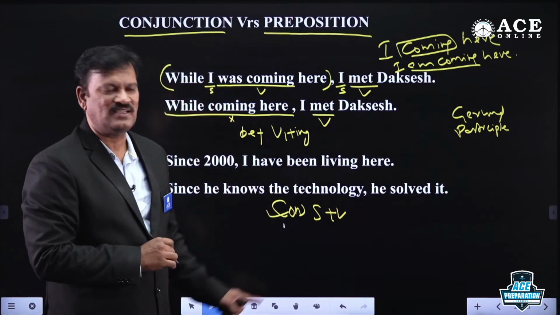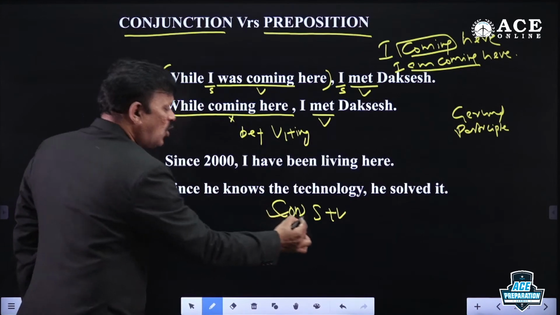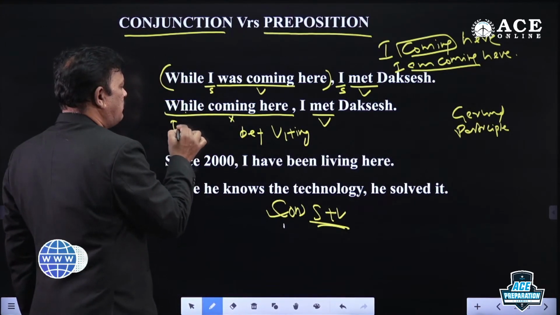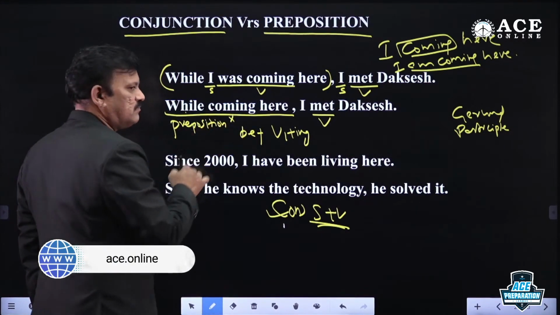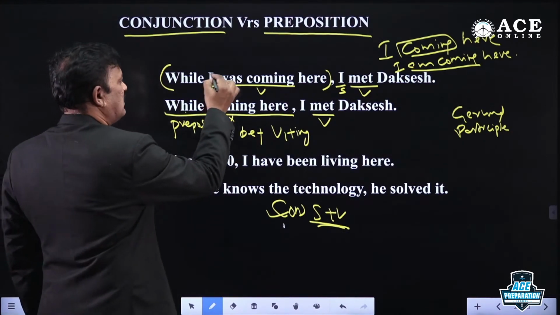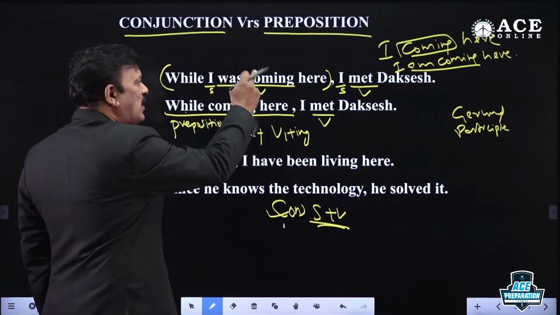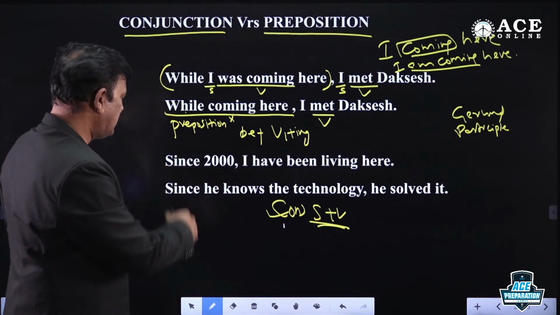Then only this is a conjunction. If that particular conjunction has no such form in a sentence, that is a preposition. I repeat, a conjunction is a conjunction if you have a subject and verb combination. If that particular conjunction has no SV form, that is used as a preposition. That is the point. Check this one.